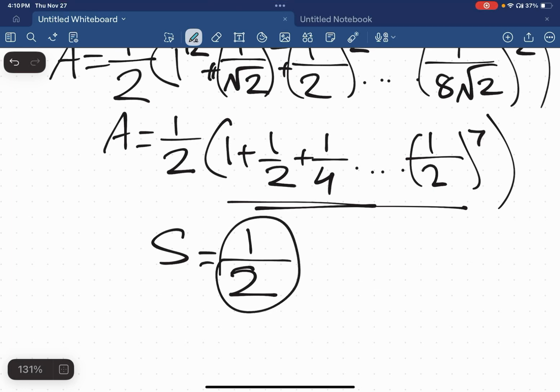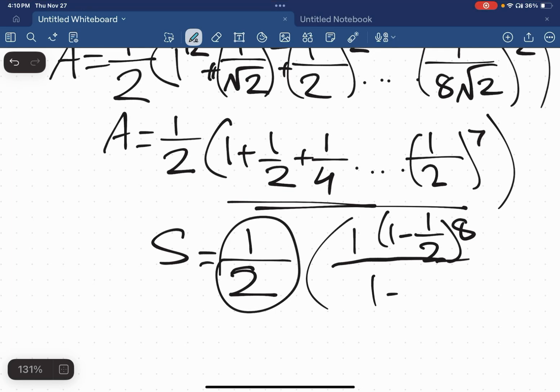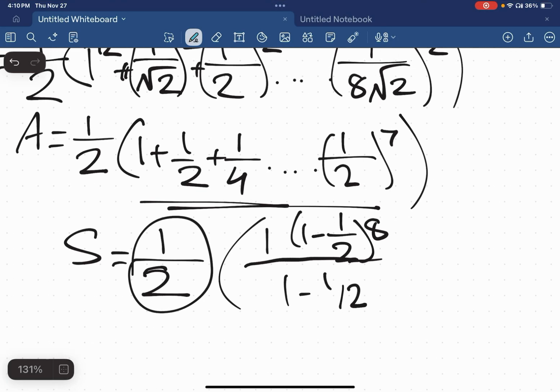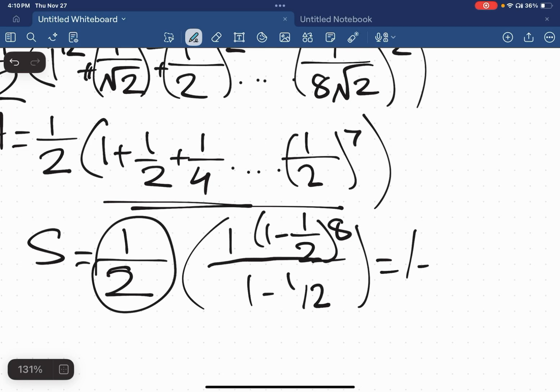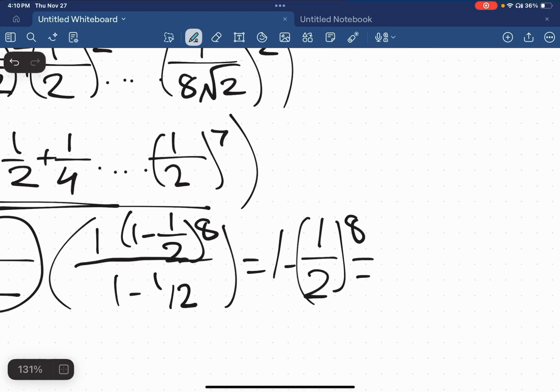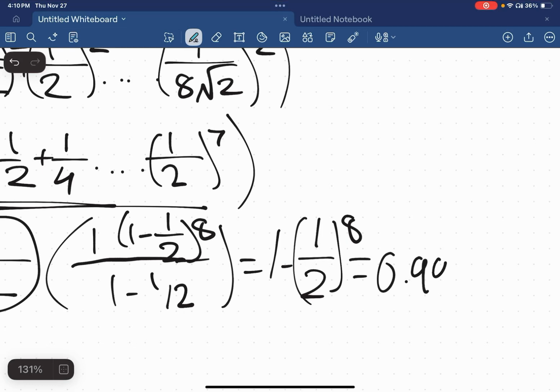This isn't usually included in it, but this time it will be. u1 times 1 minus the ratio, which in this case is 1/2, to the power of how many terms we have, and in this case it's 8 terms, or 8 triangles, divided by 1 minus 1/2, which is equal to 1 minus 1/2 to the 8th, which is approximately 0.99666. That is your answer.